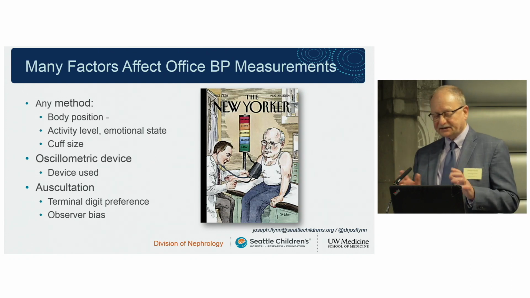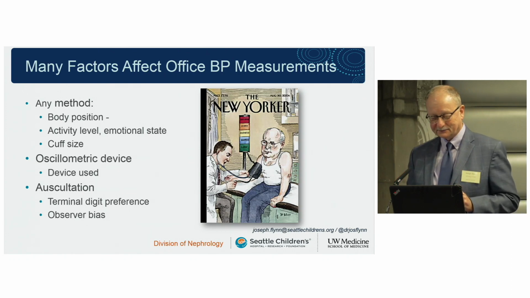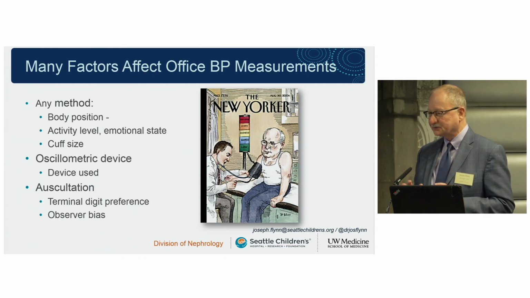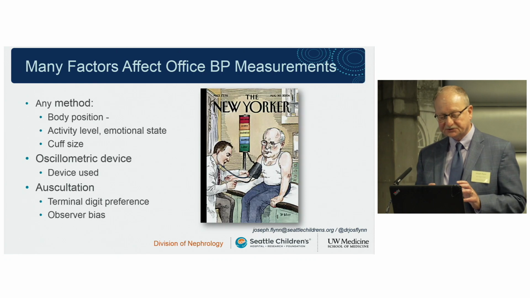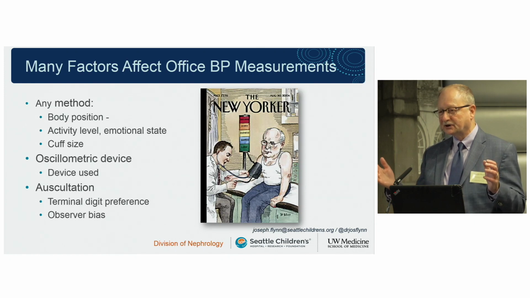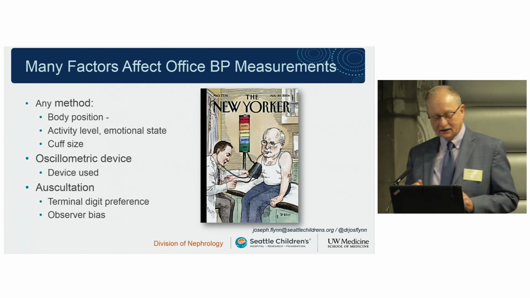So how does that relate to taking blood pressure? We know that there are a lot of problems with taking office blood pressures: body position, activity level, room temperature. I think all of our blood pressures are probably 5 points lower right now because the room is so warm.